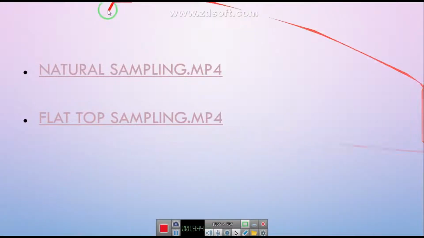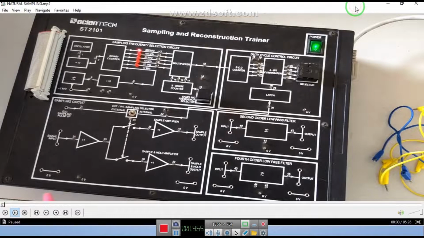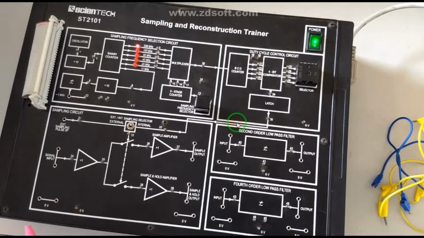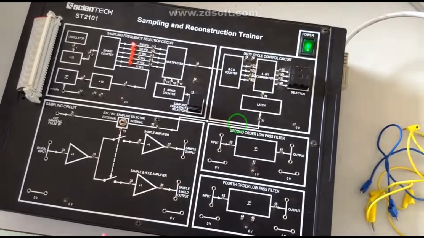Now guys, we will see flat top sampling. This is a sampling and reconstruction trainer kit.